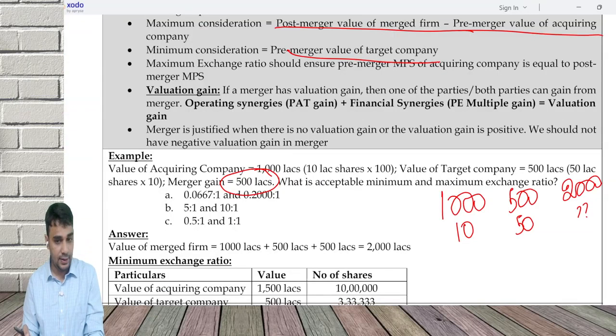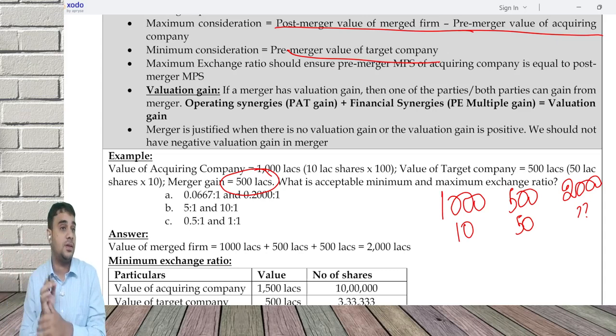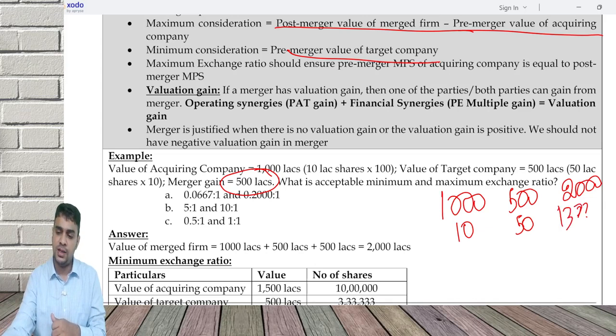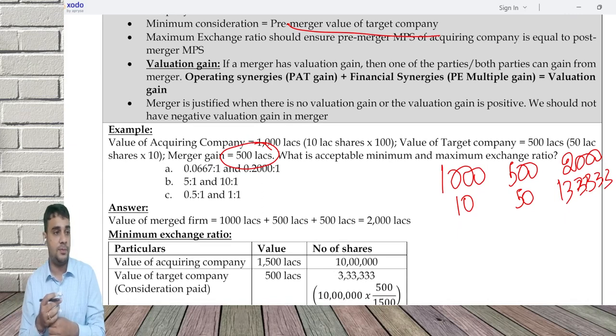I'll repeat again. 2,000 is the combined value. In that, AC is at 10 and TC is currently at 50. Put together, 10 plus 50 should become 10 plus 3.33333. If it becomes 13.33333, what is the share price? 2,000 divided by 13.3333.